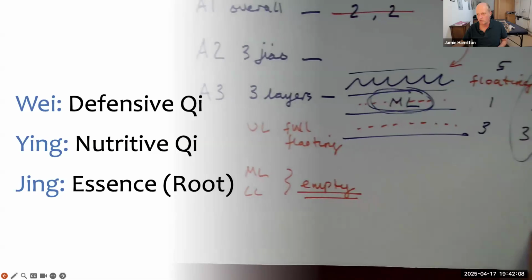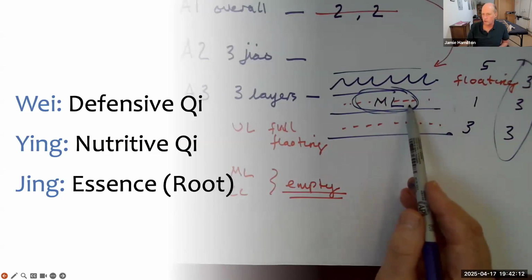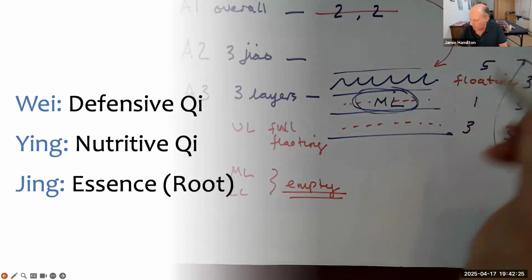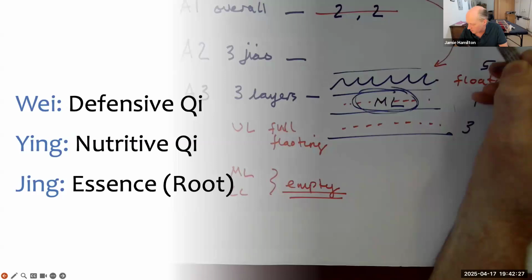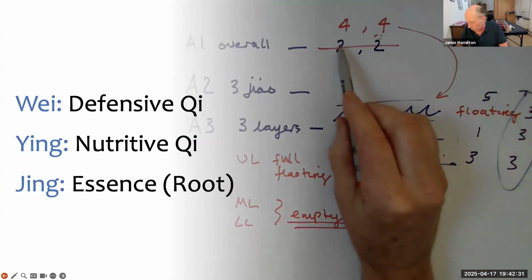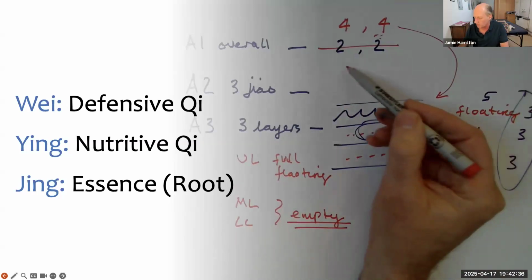So that can easily cause lots of problems. This would maybe be a situation that you might find with ME patients, that they have a kind of empty middle, and there's a floatingness as well. The only difference for an ME person is that they might have less strong pulses initially. It might be what I wrote initially, 2 and 2 for an ME person.